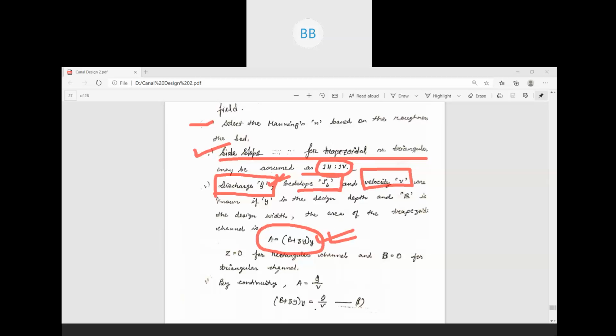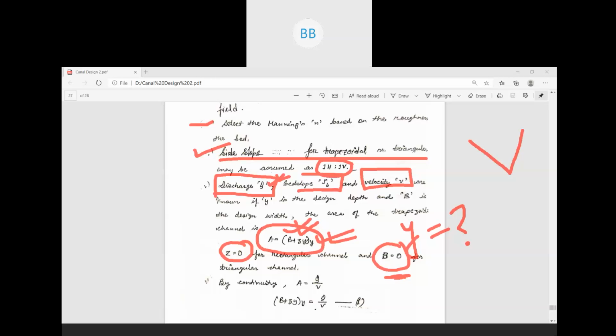Ultimately we have to find the y value. z we consider 0 for a rectangular channel, and the width of the channel we consider 0 for a triangular channel, since a triangular channel has no bottom width.